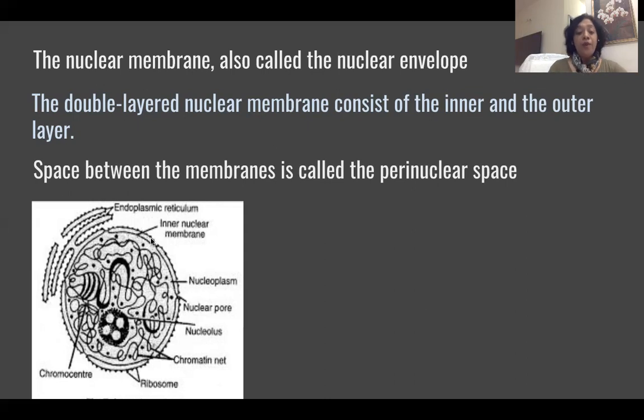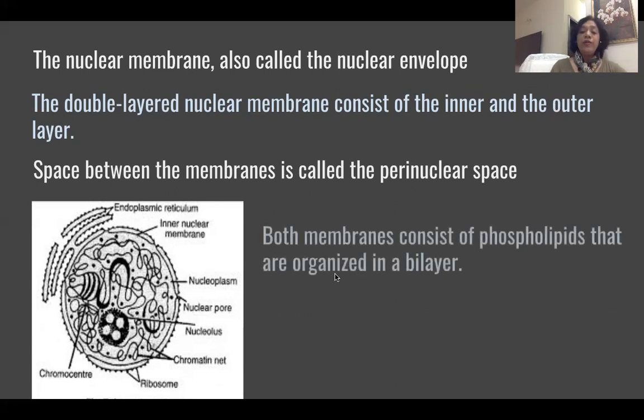If you follow my cursor, you will find that this is the outer layer of the nuclear membrane and this is the inner layer, and in between there is a space, and this space is known as the perinuclear space. Both the outer and the inner nuclear membrane consist of phospholipids that are organized in a bilayer.